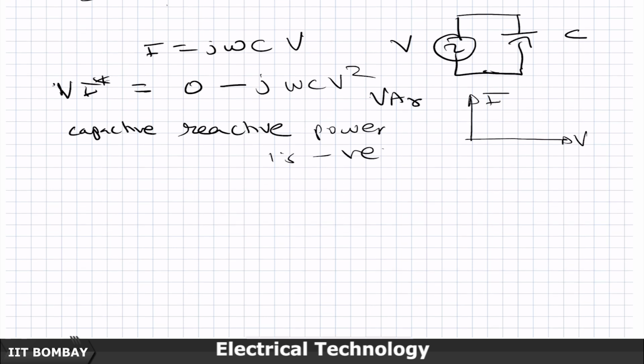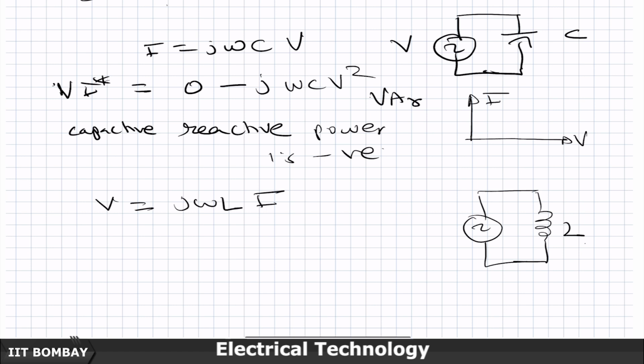On the other hand, if you had an inductor like this, then the phasor relationship would be V equal to j omega L times I, that is, the ratio of the phasors V by I will be equal to j omega L. So, the voltage should be leading the current by 90 degrees because of this j operator.